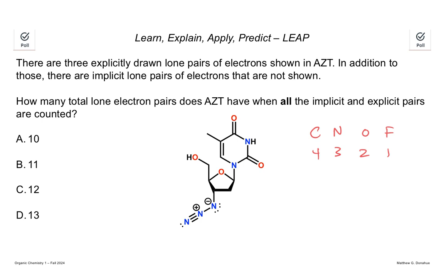And so if we multiply that number by 2, we're trying to get to the octet, right? So 4 times 2 is 8. So I'm just going to write LP for lone pair. Carbon would have 0 lone pairs, right? So nitrogen would therefore have 1, oxygen 2, and then halogens 3.